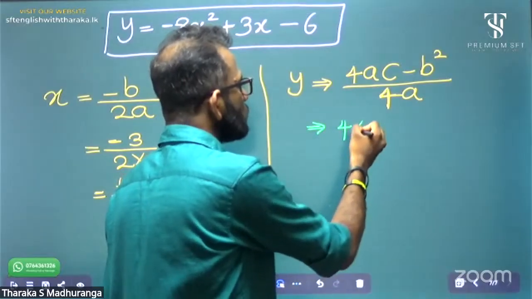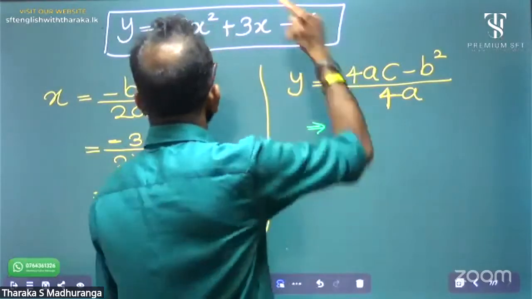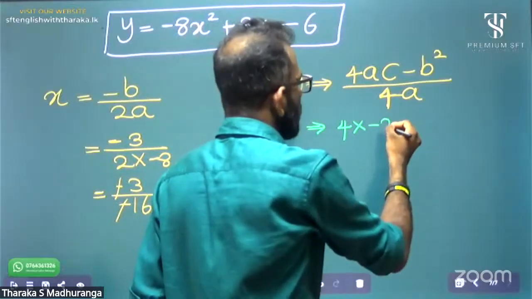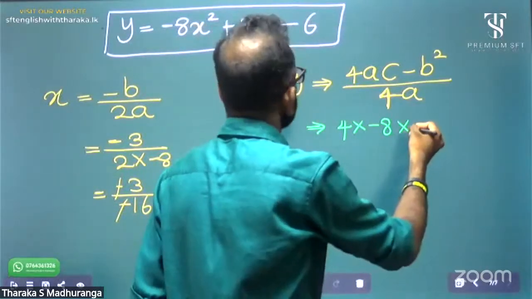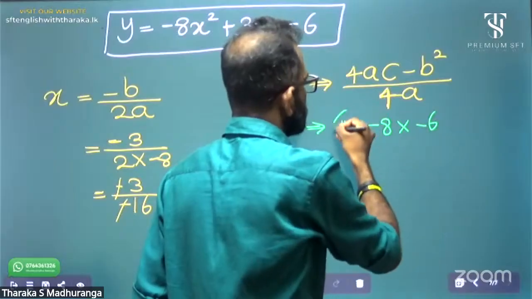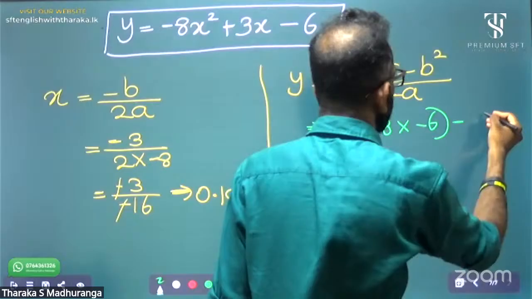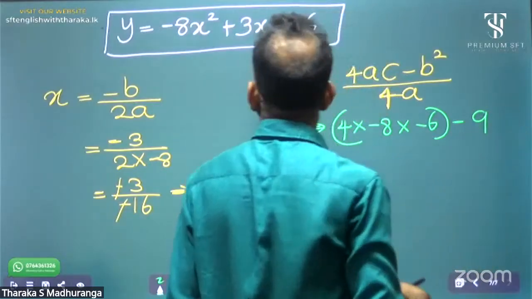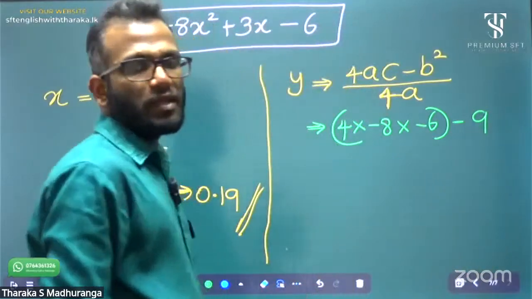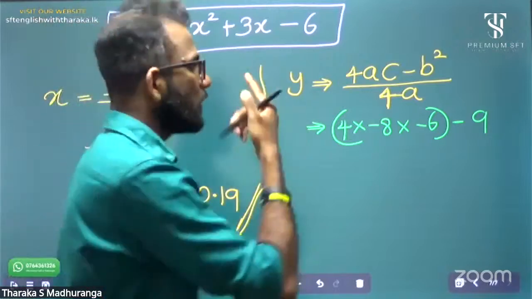4 into, what is the value of a? Minus 8. What's the value of c? Minus 6. Minus b squared, b squared is 9, since 3 squared is 9.